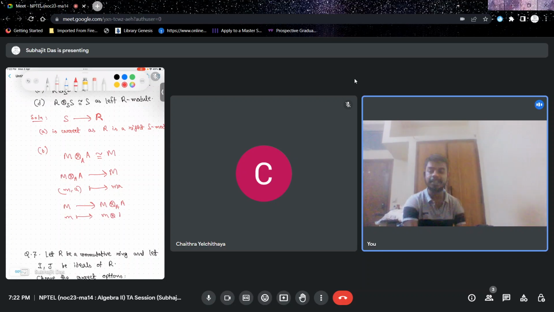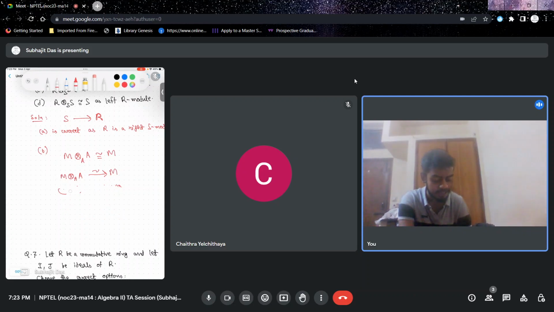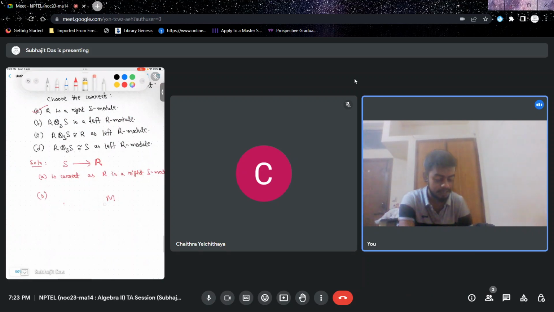You can check that these two arrows are inverses of each other. That is, this arrow is an isomorphism, and so is this one. So they are canonically isomorphic. So M tensored over A with A is isomorphic to M as an A module. So if you take R tensored over S with S, then it is isomorphic to R as an S module.